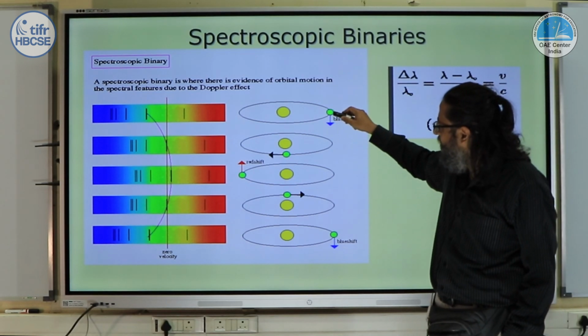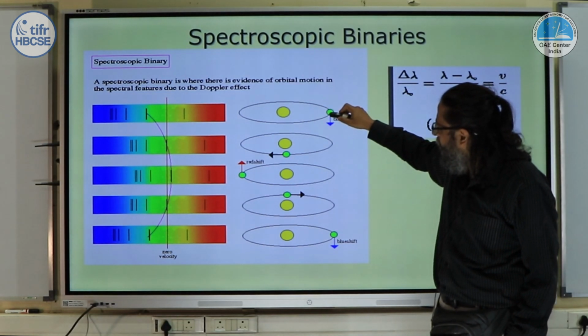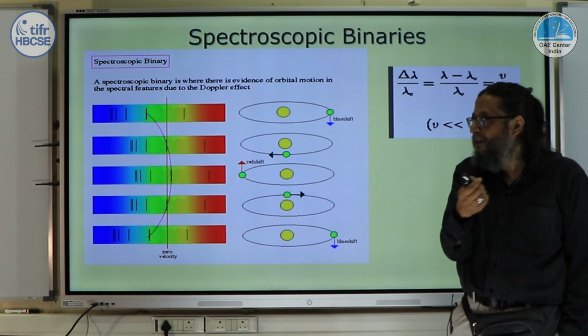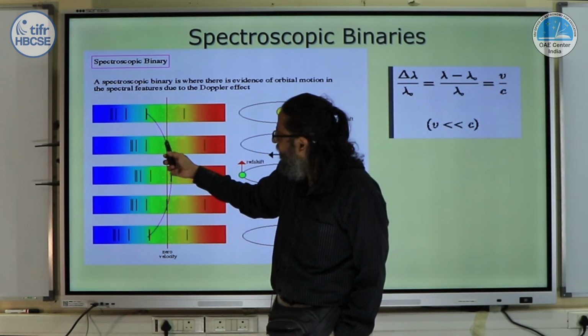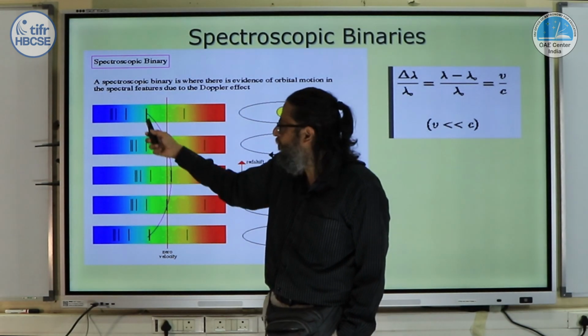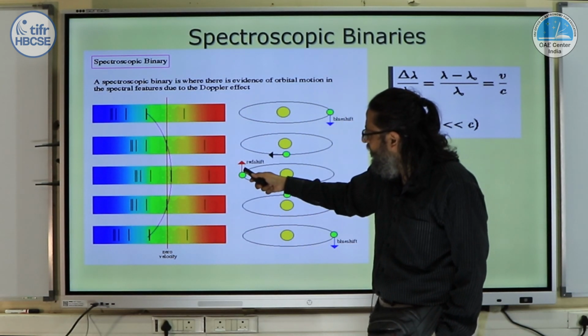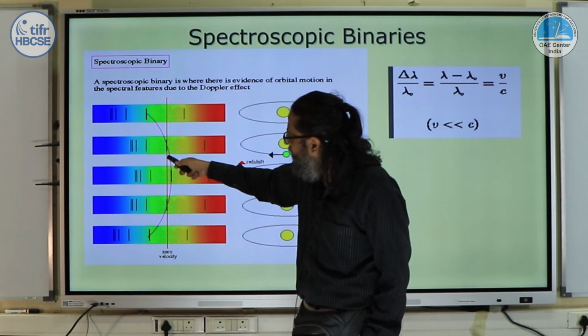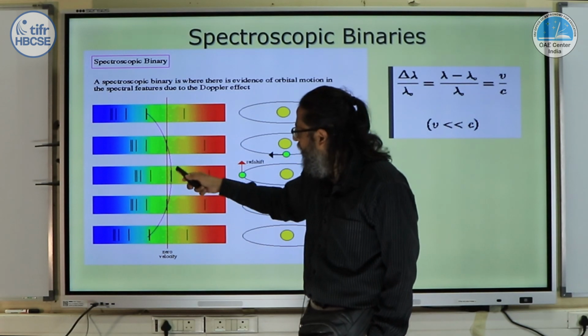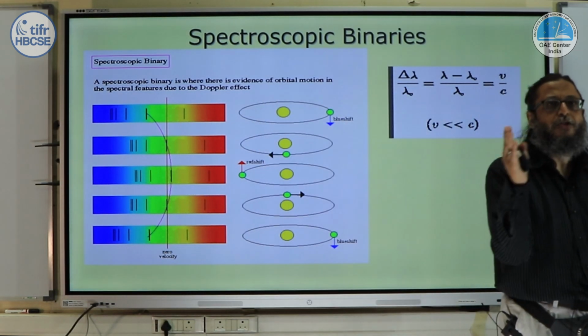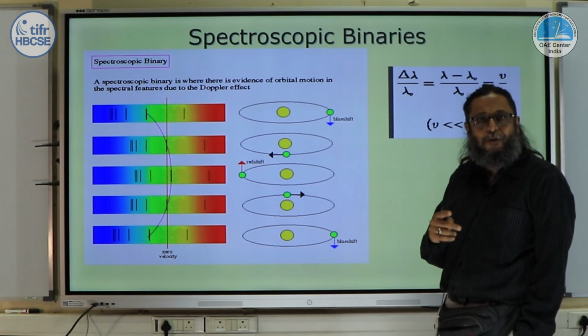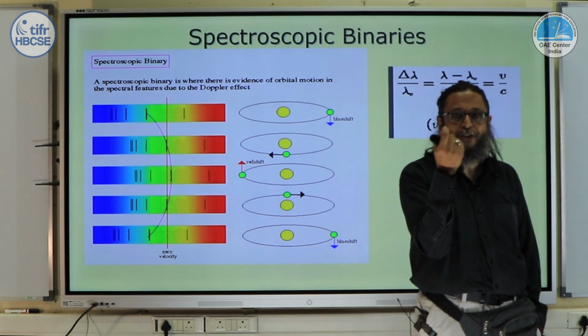When it is here moving towards the observer, it will be blue shifted. So this line appears towards the blue. And when it is here, it will be red shifted, this appears here. Okay? And then again blue shifted, it will appear here. So this shift of the lines gives you the velocity.